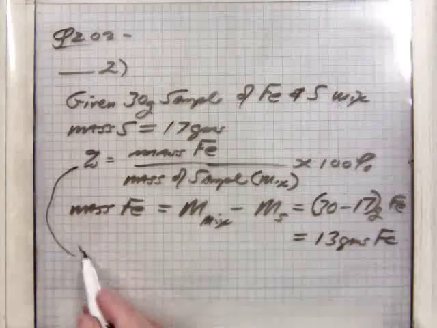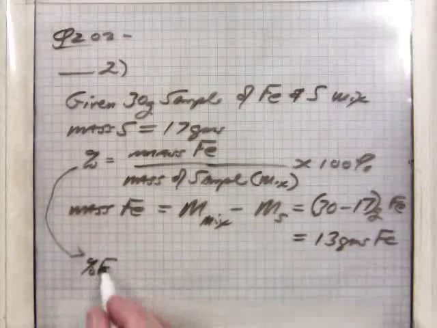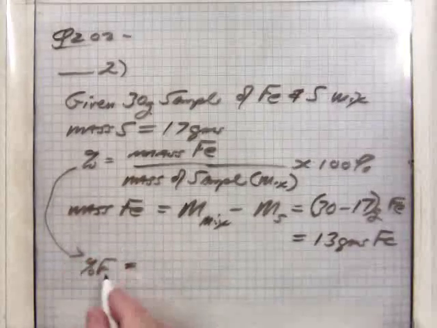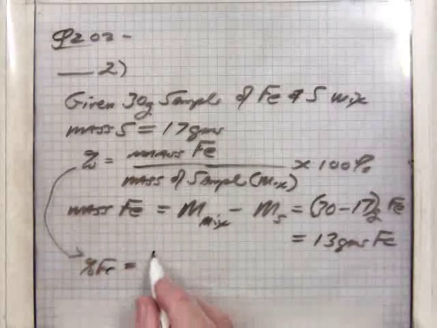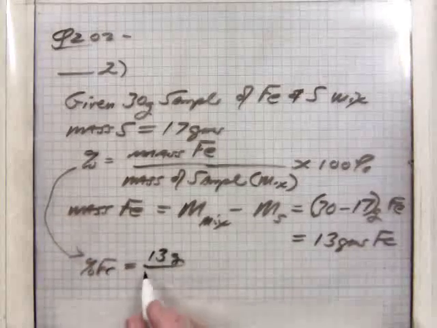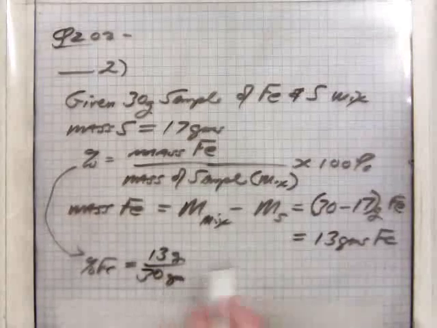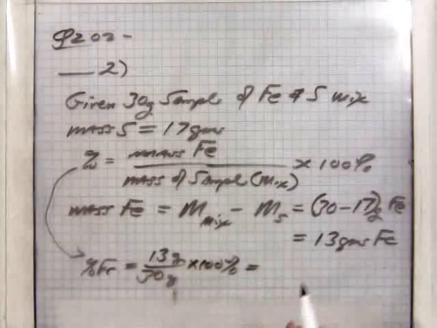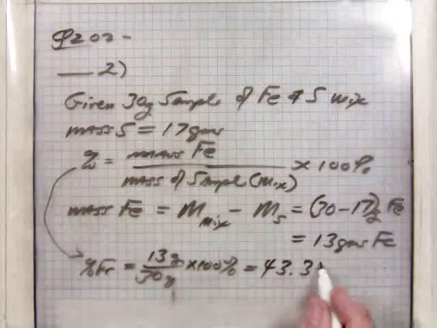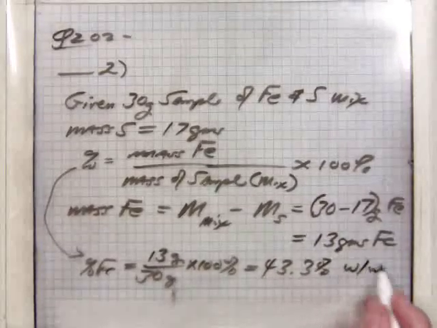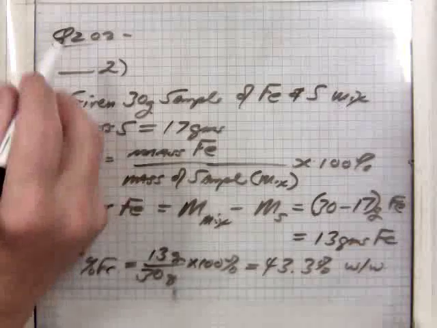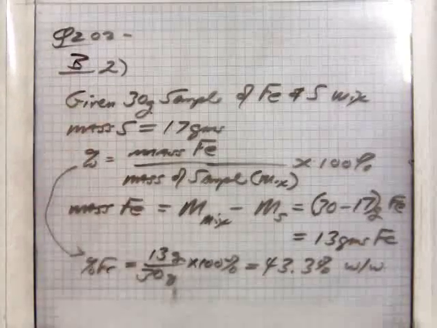So applying the percent definition, percent iron, that's an E, believe it or not, is 13 grams over 30 grams of the mix times 100%, and I got 43.3% by weight. So it means it was calculated based on a weight-weight ratio. And we're looking at B choice in that collection.